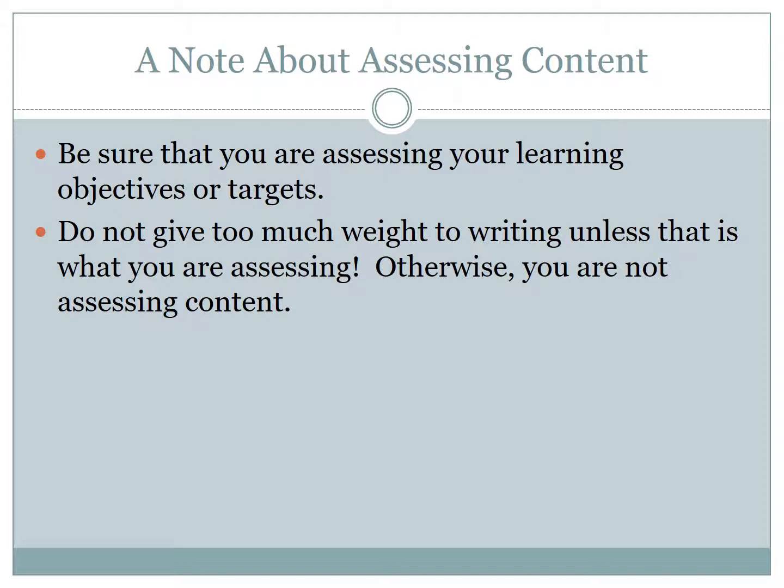But if you're assessing content knowledge in a subject area, if you're assessing student skills in an area such as pre-K or K, then you're going to have a different kind of weight. You're not going to be assessing writing per se or as much. So you might have 4 or 5 criteria about the skill or the content knowledge, and you might have one row, one criterion, as I said earlier, about the writing.